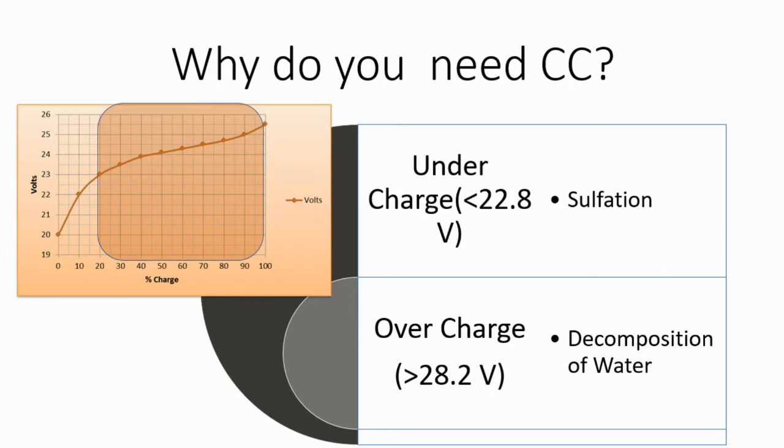Again, if the voltage goes above 28.2 volt, there will be decomposition of water. Water will split into oxygen and hydrogen. Oxygen is good for us, it's a lifesaver, but hydrogen, no. Actually, hydrogen is very explosive and it will cause an explosion if there is any fire.